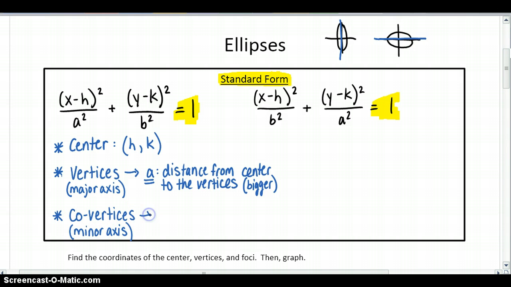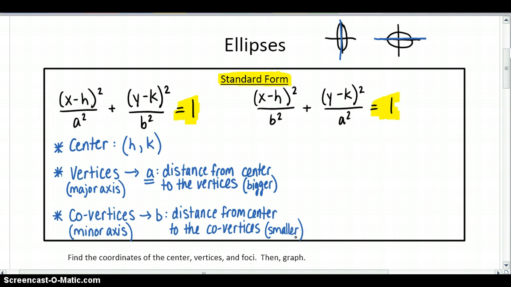The way to find those co-vertices is using b. Just like a, b is the distance from the center, but instead of to the vertices, it'll be to the co-vertices. And since it's on the minor axis, the smaller axis, it will be the smaller number.